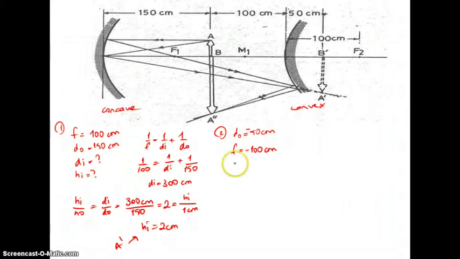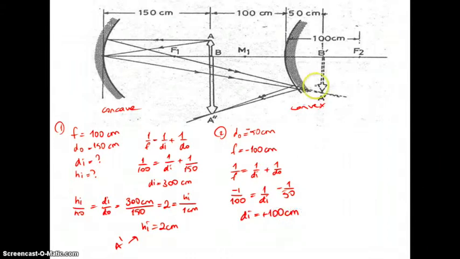Again, if we use the formula 1 over f equals 1 over di plus 1 over do, we find that di is positive 100 centimeters. As you see, distance image is 100 centimeters from the convex mirror, and it is positive, so it's in front of the mirror.